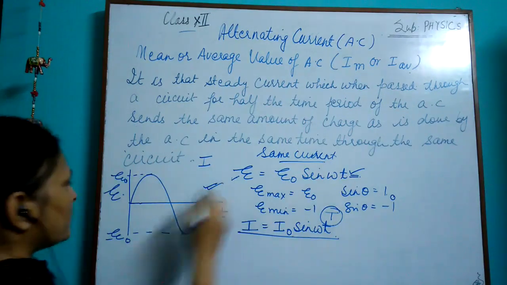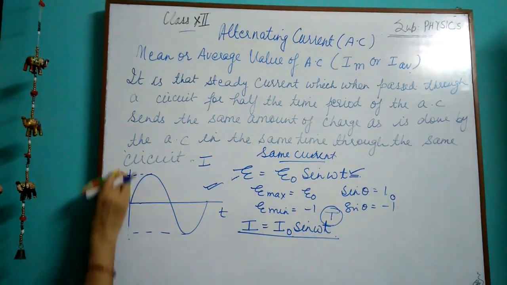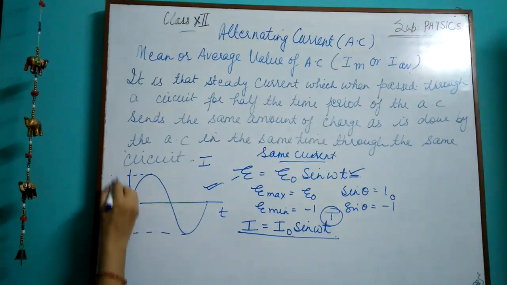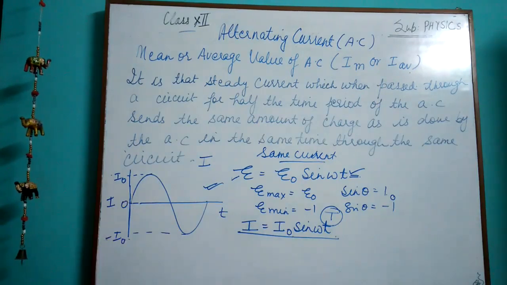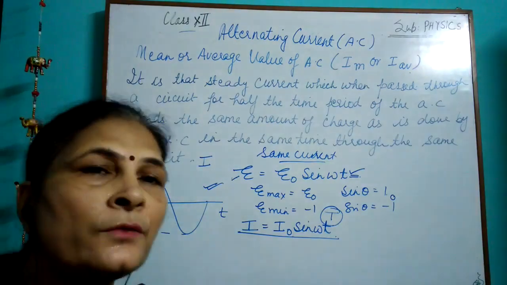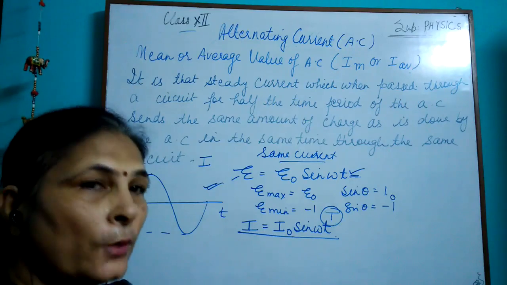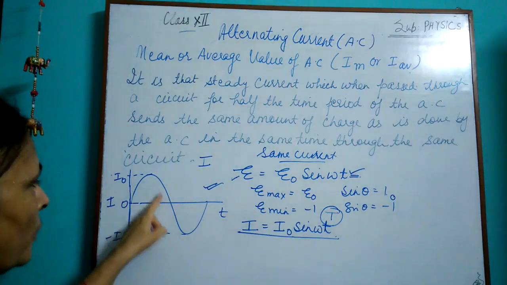If this is the graph for I, because I have said that I will also change in a similar manner, this value will be I naught, this will be minus I naught, and here it is 0. Now whenever a current is flowing in the circuit, it is the charge which is flowing. Certainly the charge must be flowing through the circuit, but how?